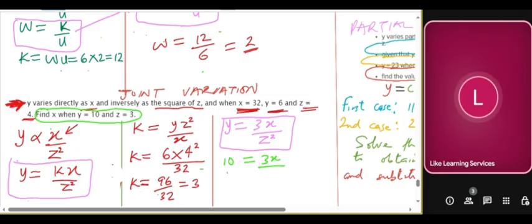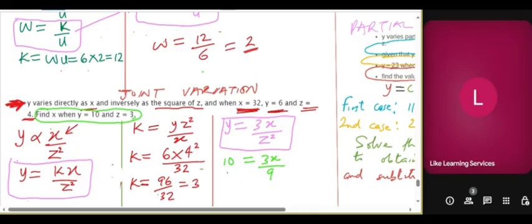I'm just substituting into this green stuff. When y is 10, 3x, x is unknown, z is 3, so 3 squared is 9, isn't it? Yeah. Just substituting into all this. So you can easily find x now.